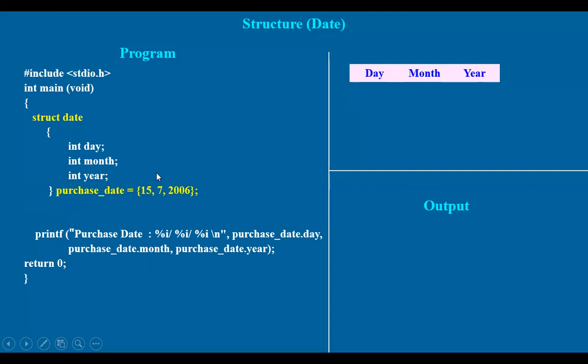So this variable purchase date is declared as a date structure, and the values are stored here. Now we are going to display all these elements like this. So the purchase date is 15/7/2006. So like this, we will be handling the date.